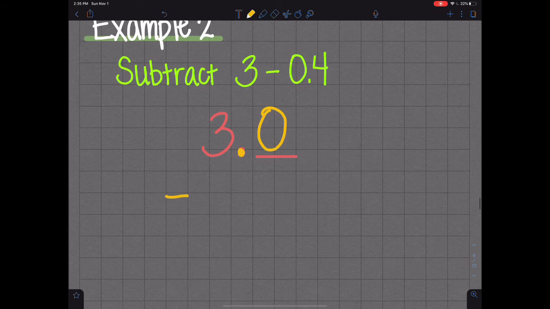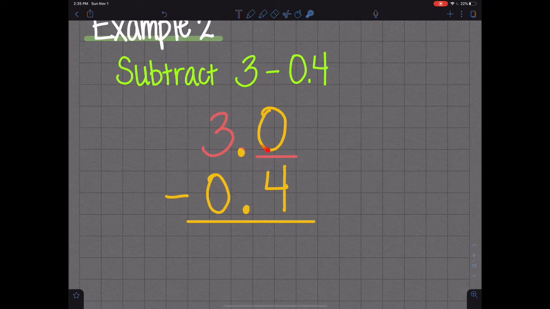Now I'm going to subtract 0.4. Well, I'm going to line up the decimals a little better. There we go, 0.4. Now the decimals are lined up, so I can subtract straight down. Another reason we had to add this 0 here is because you can't subtract 4 from nothing.